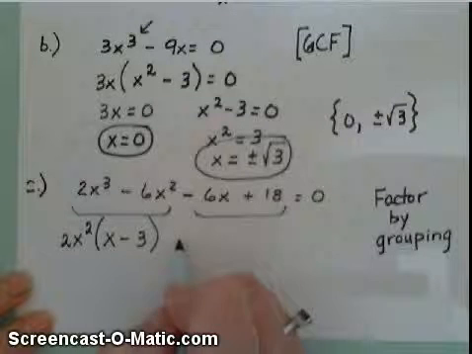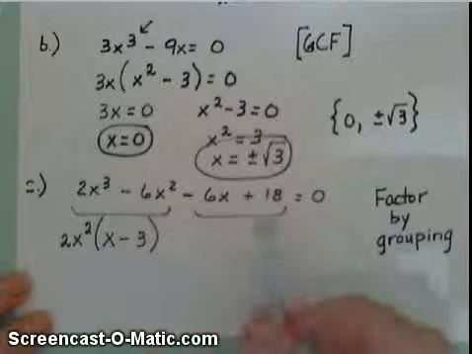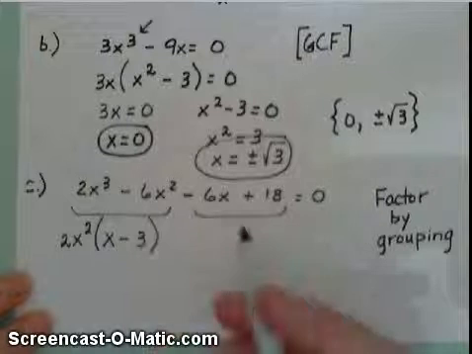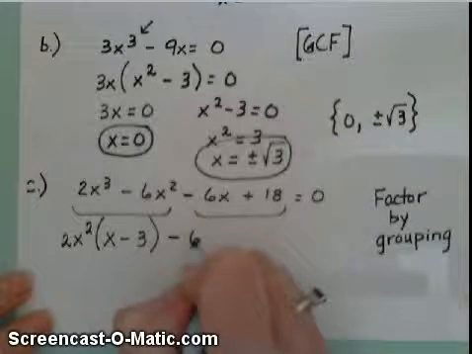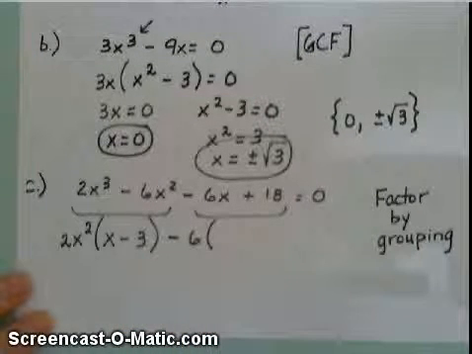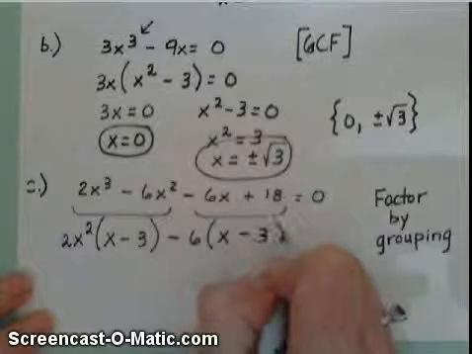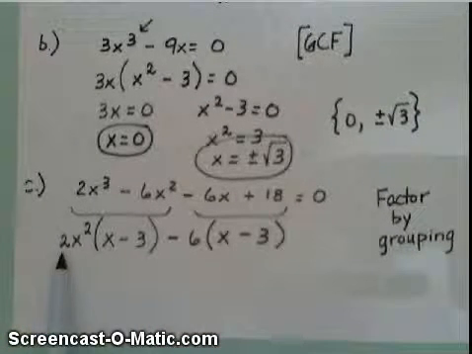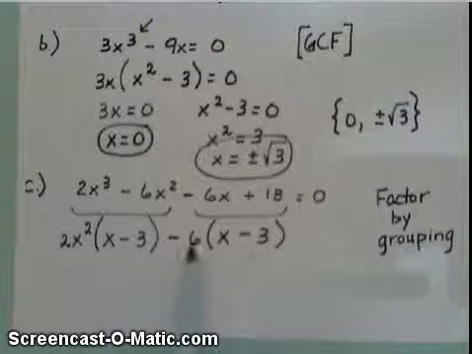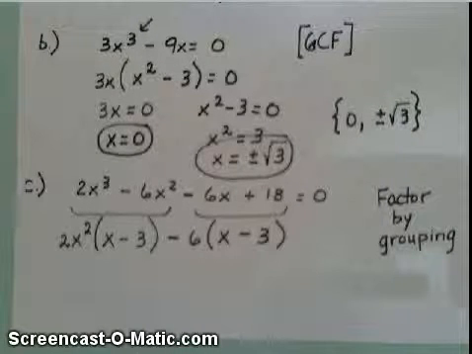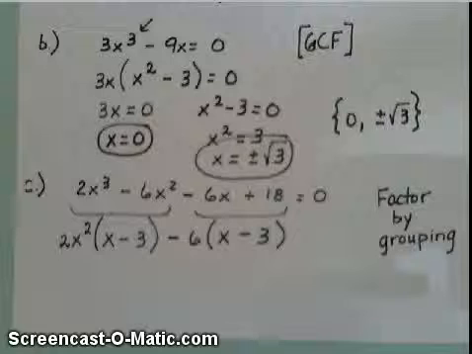And then the object of the game is to make the same factor fall out of the second set. So let's take out a greatest common factor of negative 6, and we have left x minus 3. So we have this times x minus 3, this times x minus 3. And I'm going to get my red pen so I can make this real apparent.